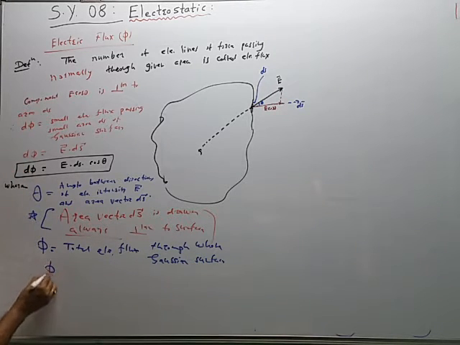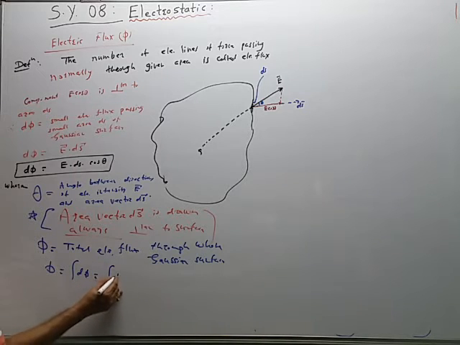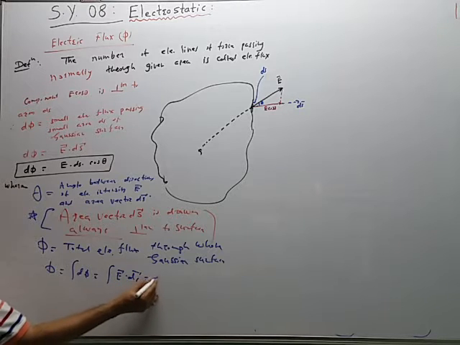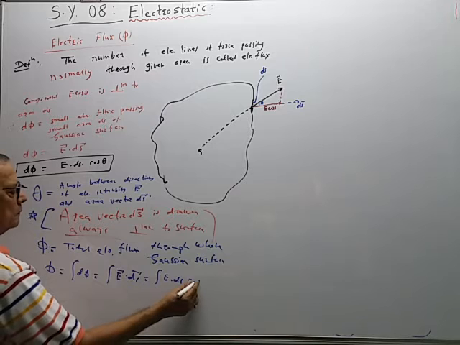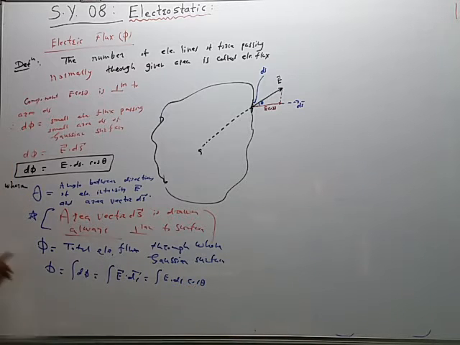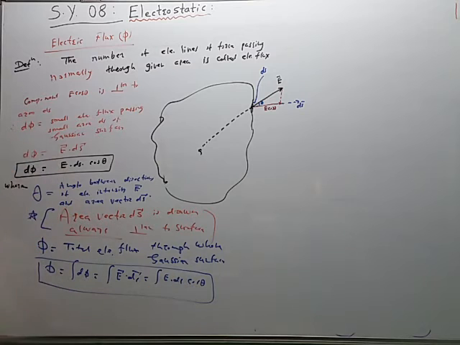Then phi is obtained by integrating d phi, by integrating E dot ds, by integrating E ds cos theta. So total electric flux is given by integration, for small area ds, for total area of the Gaussian surface.